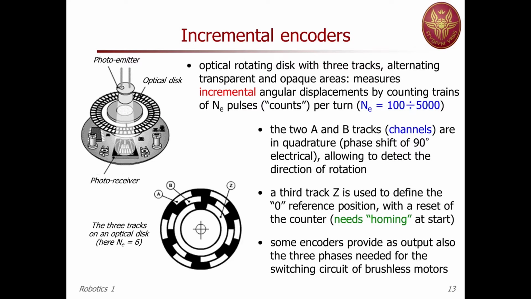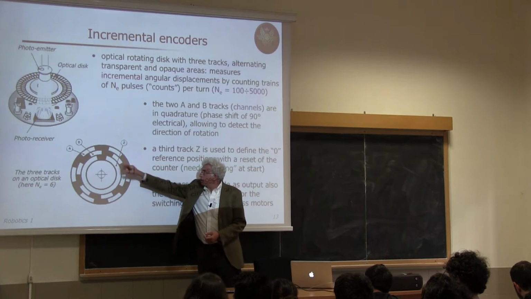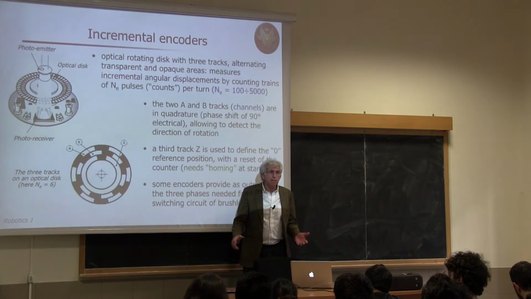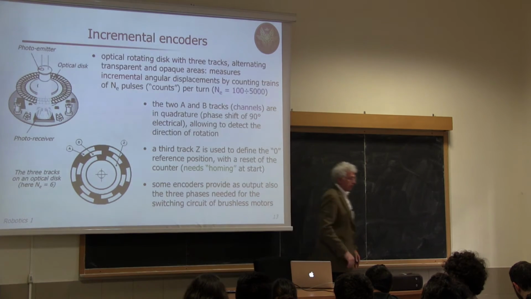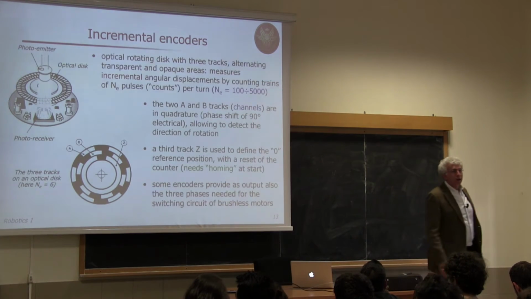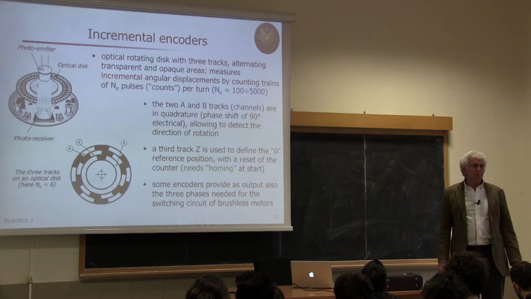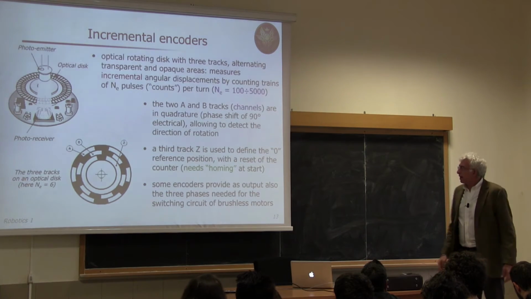Again, there's a sequence of transparent and opaque sectors, and you can count the number of these alternating sectors. The second channel, channel B, is exactly the same, only it is shifted by a quarter of a so-called electrical period. Why electrical period?